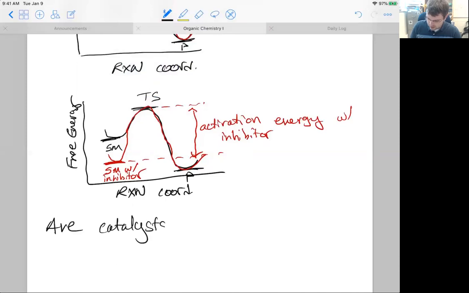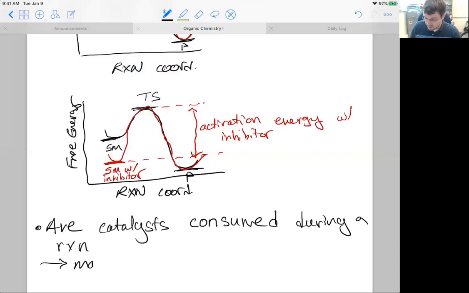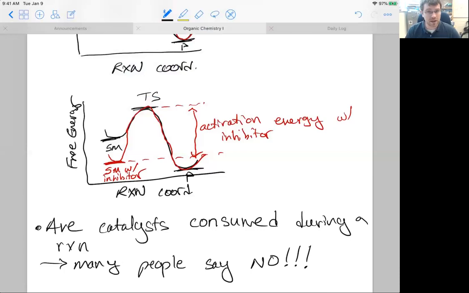So are catalysts consumed during a reaction? Many people will say no. So many people will say no, they're not consumed.